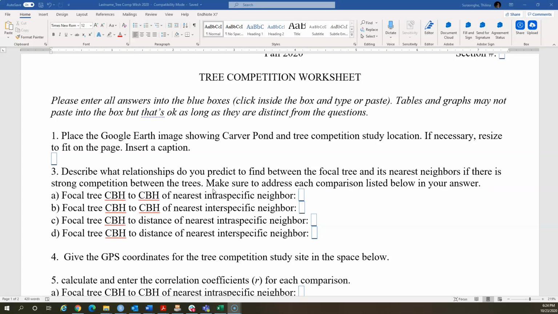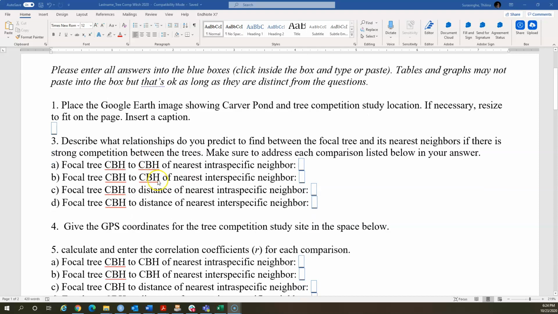The caption has to be pretty meaningful. You need to add Figure 1, and then: tree competition study site, Kava Pond, Bridgewater, Massachusetts. Feel free to make your figure as meaningful as possible.